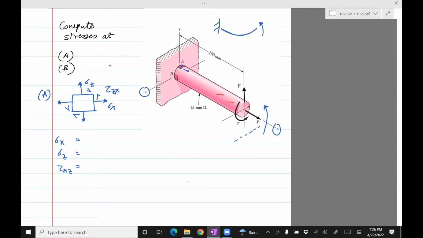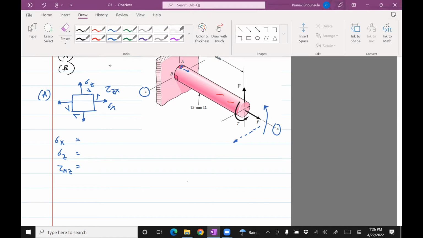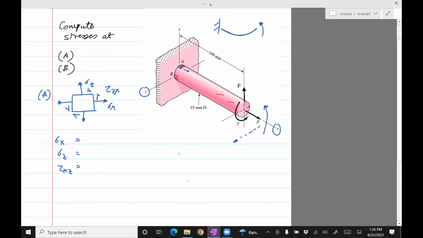So if you curl the fingers of your right hand along that arrow I drew, then your thumb would be pointing in this direction along the dashed line, which means that the moment is along the z-axis, so Mz. Okay, and then we know what Mz is from the figure. We can see that it's F times the moment arm, which is 0.1.